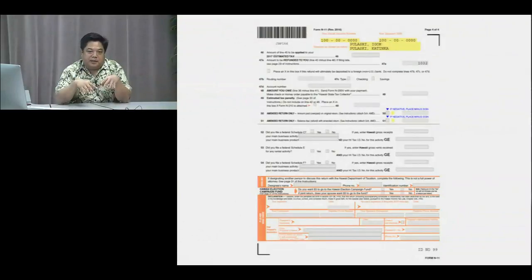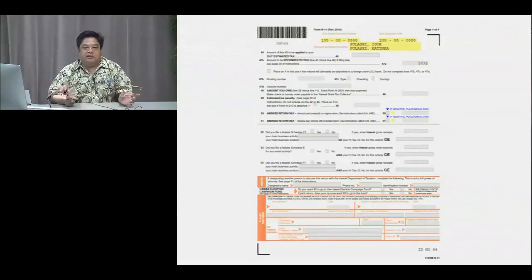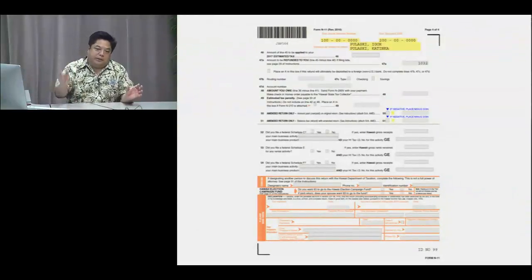You know, if your husband makes $100 and you make $200, you need to put $300 on the tax return. Then you can file jointly, and the tax calculation is based on married filing jointly. But that doesn't stop you from filing separately if you want. It's an option. Some people like to file separately because one is making more income and one less.